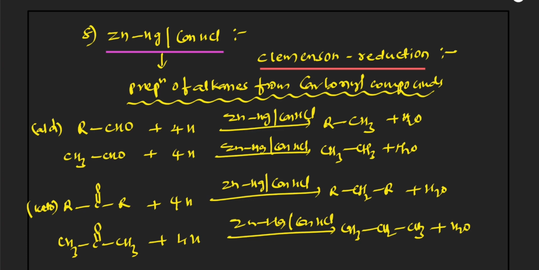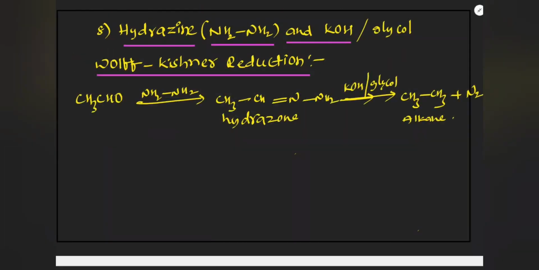Have a look at the next reagent. The next reagent is hydrazine and KOH with glycol. See, it is a Wolff-Kishner reduction. See, aldehyde in presence of hydrazine gives hydrazone.